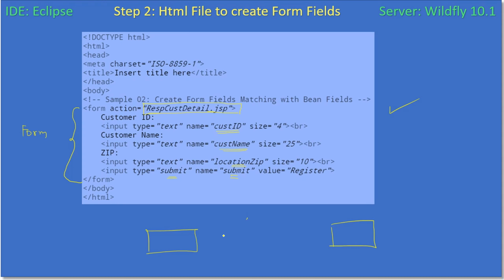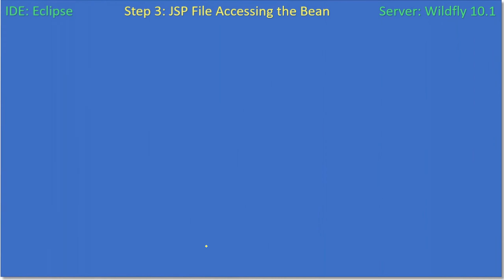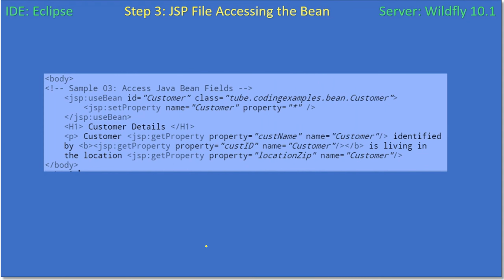Now we need to develop a JSP server-side script that will perform all the communication. Alright, so the third step, if you see here, is that we are using JSP useBean. This is one tag, jsp:useBean.